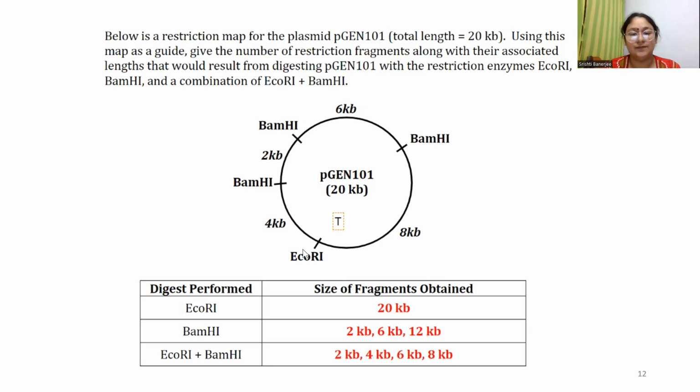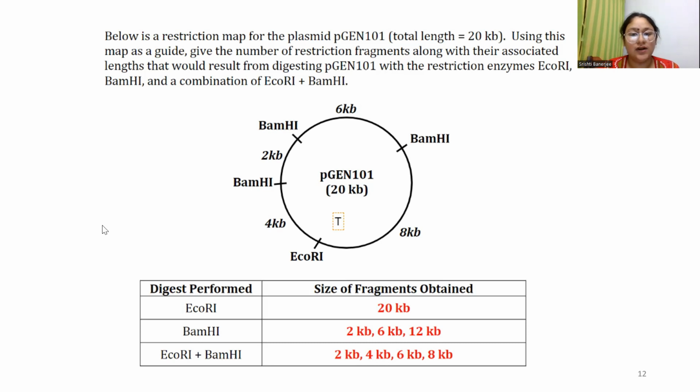Here you can see that BAMH1 has given you 3 fragments. If it cuts here, it has one fragment, 1, 2, and 3, and in between there's one EcoR1. So BAMH1 will give you 3 fragments and EcoR1 will give you 1 fragment, because it's just a single cut. So that's how you decide.